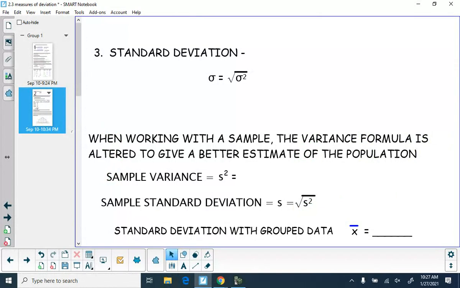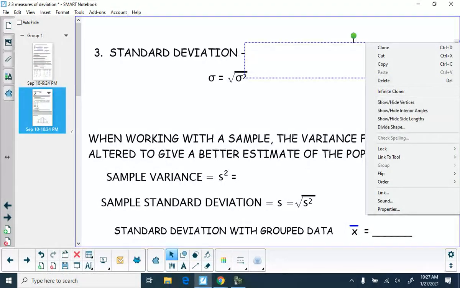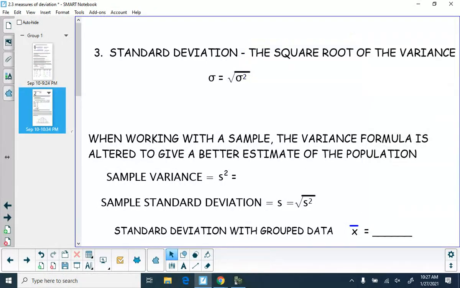Now, the more important part of variance is the standard deviation. This is one that's a lot more practical, a lot more used. The standard deviation is the square root of the variance.